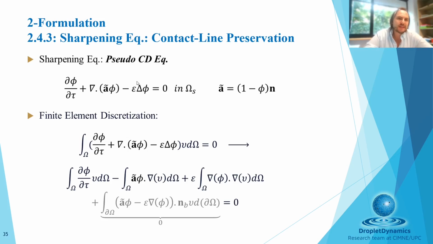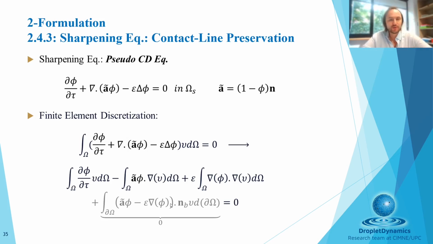So an alternative is, instead of interpreting the sharpening equation as the convection diffusion reaction equation, to interpret it as a convection diffusion equation, keep the terms that we've previously separated into convection and reaction as one single term, then write the variational form, and integrate by parts also this new convective term. If you do so, then you will have a boundary term which involves, on one hand, this pseudo-convective flux, and this pseudo-diffusive flux.